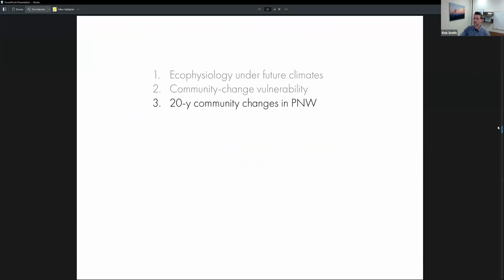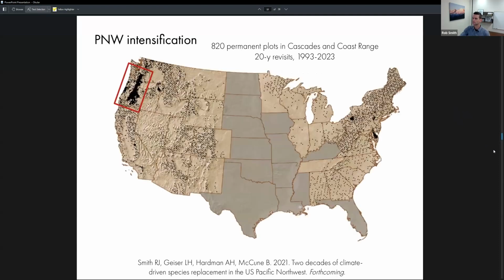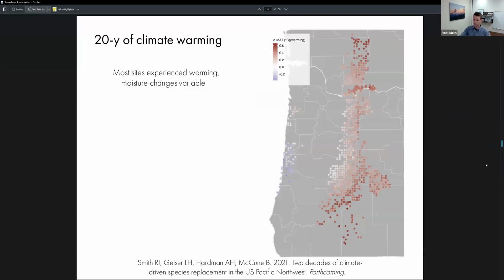So that's the predicted future vulnerability to climate change, but what has actually happened over a 2-decade span in one region? With an intensification of measurement at 820 permanent plots in the Cascade and Coast Range of the Pacific Northwest, if you take a set of plots that were sampled in the mid-90s versus those same plots measured again 20 years later, what we find just purely physically is that those sites have warmed.